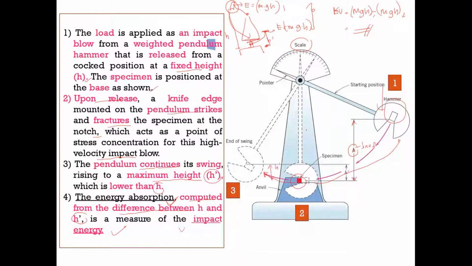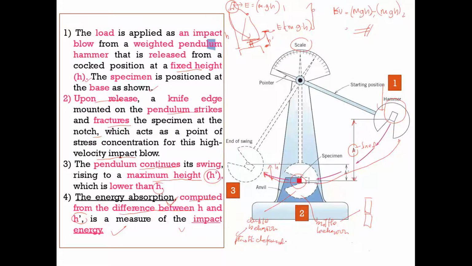Once you are done with the impact testing, you can see your material showing either ductile behavior or brittle behavior. In brittle behavior, your material will break into two pieces. For ductile behavior, your material has a very large plastic deformation without breaking into two pieces.